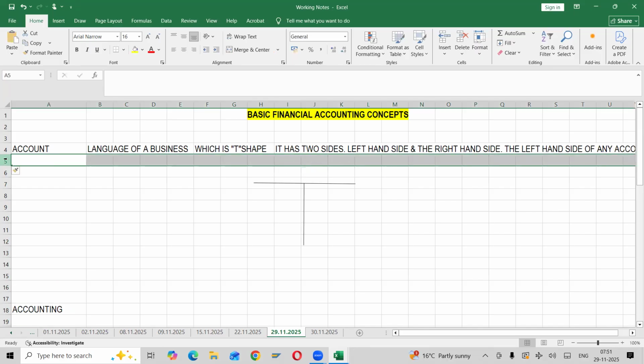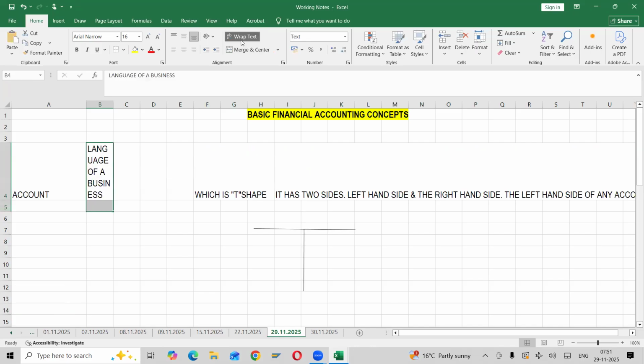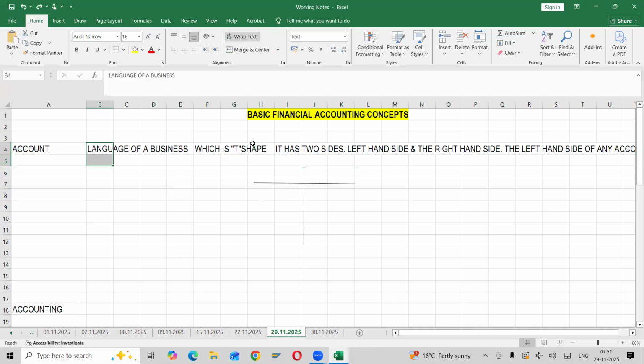What do you mean by debit and what do you mean by credit? The left hand side of any account is known as debit, and the right hand side of any account is known as credit. Simple, don't go with the rules. Right? This is an account.